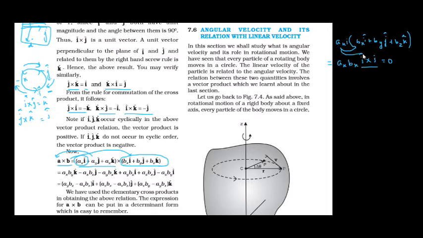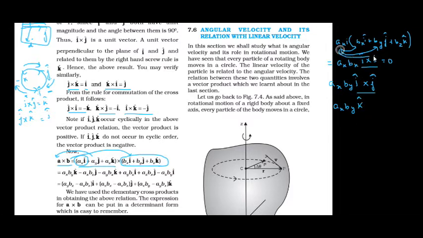Next we'll multiply this with this. So it is ax, ay, first we'll write this, then i cross j. In this circle, i cross j is k. So we can write ax by k.